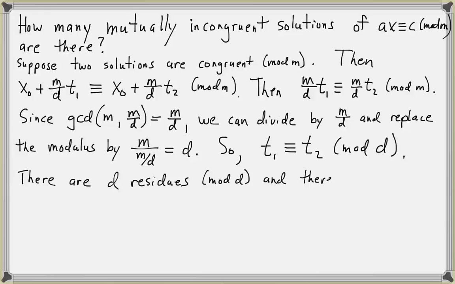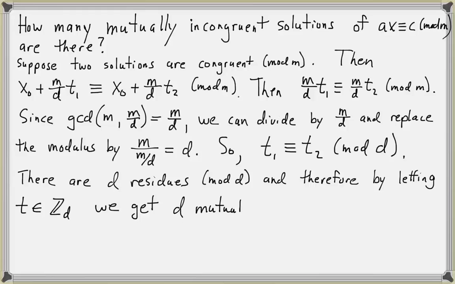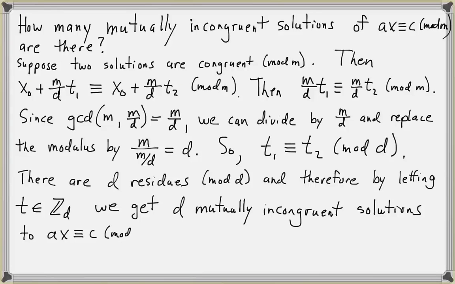So by letting t be an element of the integers mod d, we get that there must be d mutually incongruent solutions to the original congruence, ax congruent to c mod m.